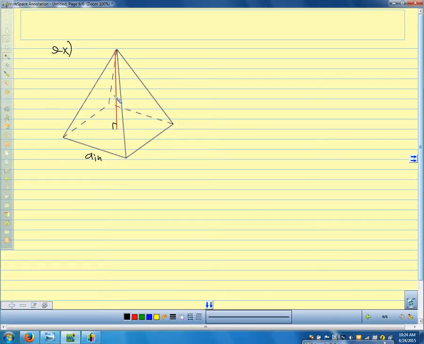This is 8 inches. And we want to find the surface area. Do we have everything we need here?